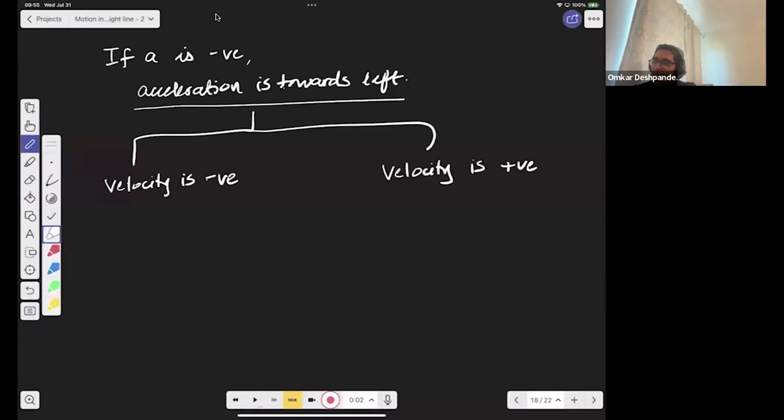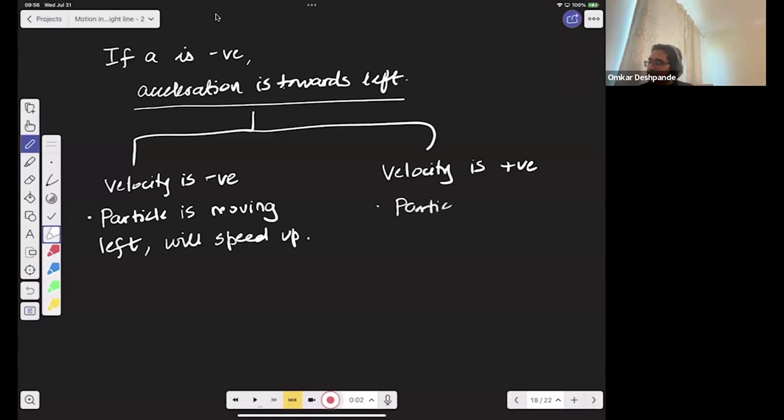If the velocity is negative, that means the particle was already moving, or is moving, left. And if the acceleration is towards the left, that means it's going to speed up as it's moving left. If the velocity is positive, that means the particle is moving towards the right.